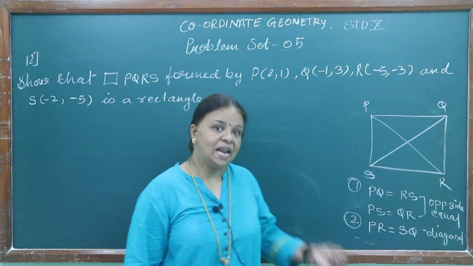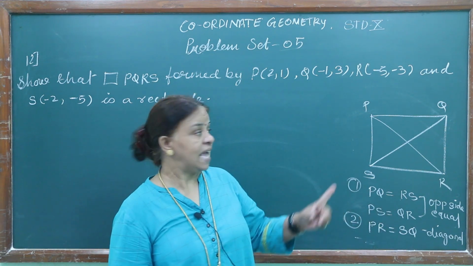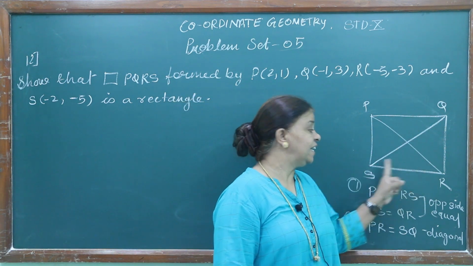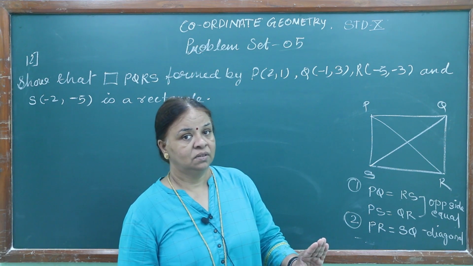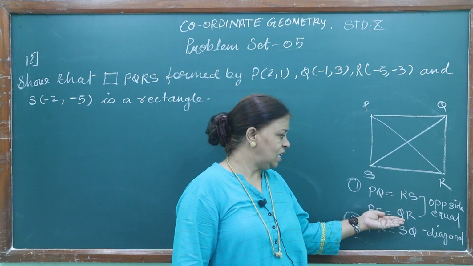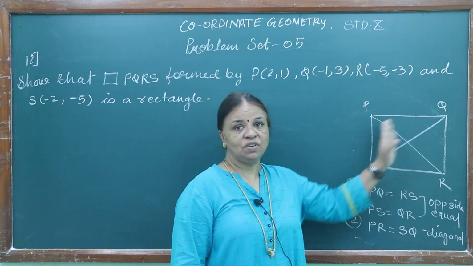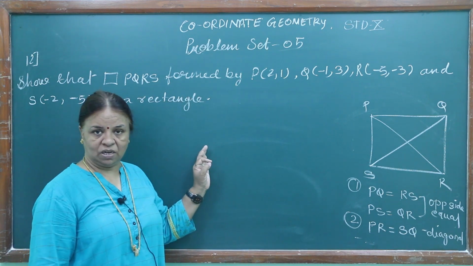Now here we are only dealing with the length. For a quadrilateral to be a rectangle, opposite sides should be equal and each angle should be 90 degrees. But here now we are not dealing with angle, children. We are only dealing with the length. So one property of length, that is opposite sides, we can do it. And how can we do it? By the distance formula.